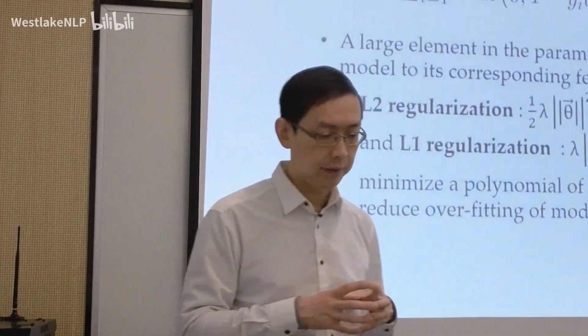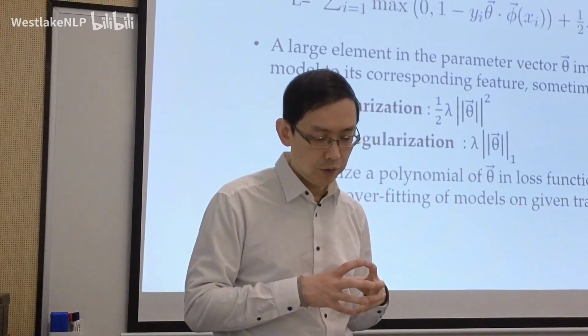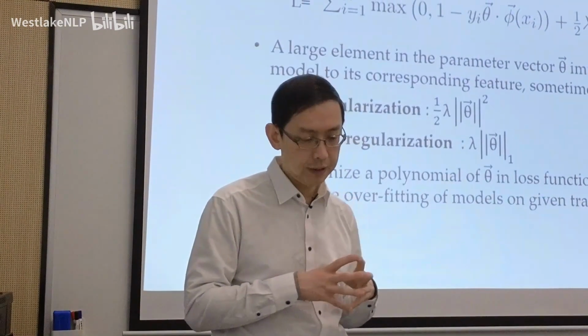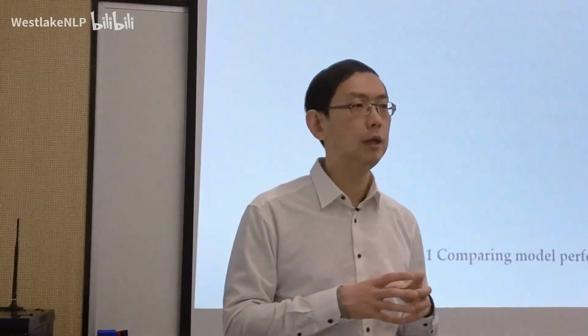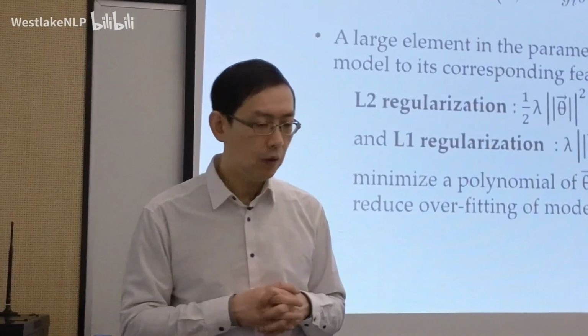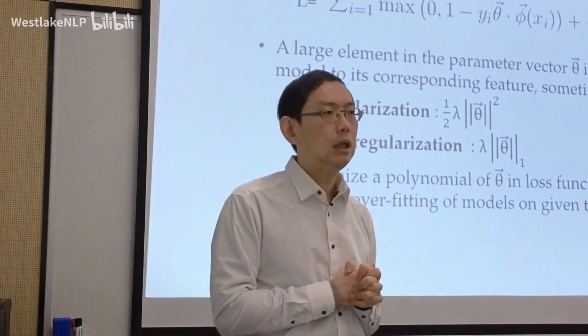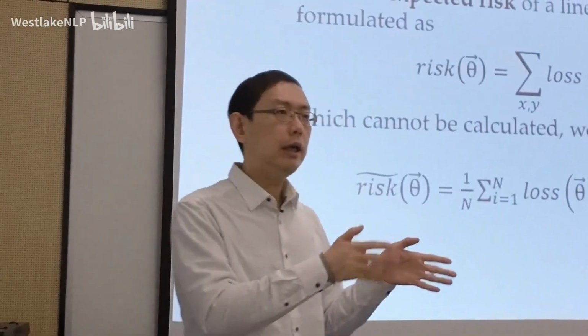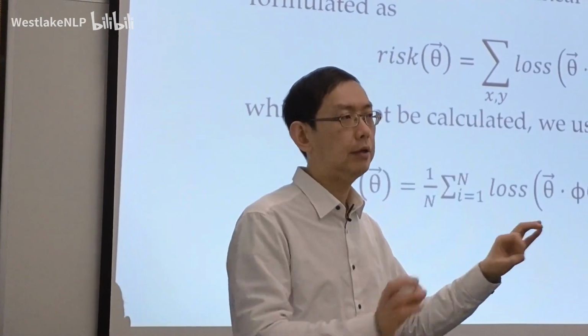Let's look at the equation. SVM and perceptron, in addition to the differences in the margins, also have this theta squared term to minimize. What is it? It came from the margin we had between the support vectors.